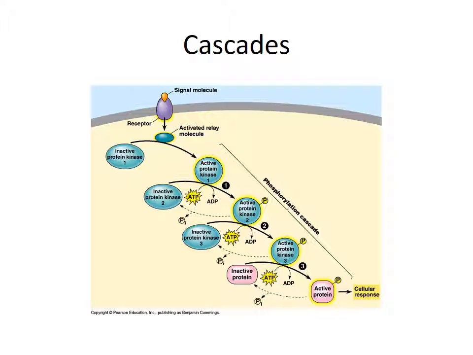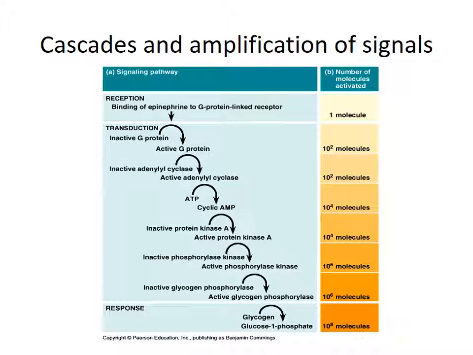Amplified. Okay, so just one signal molecule can, in a very short time, cause literally thousands, maybe millions of different processes to get started at once. And that is the big point with this. And as you can see, here's a signaling pathway. Here's our reception involving one molecule. In the process of transduction, we go from one molecule to 100 molecules to 10,000 molecules to 100,000 molecules to 1,000,000 molecules.